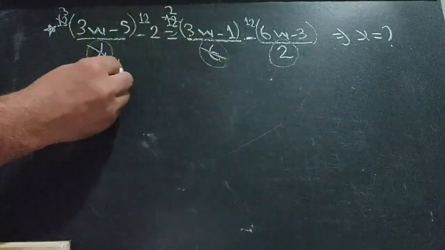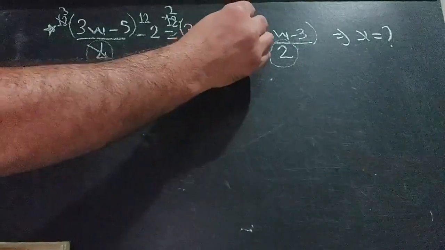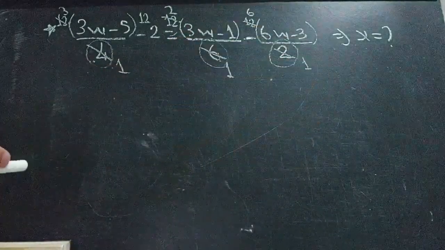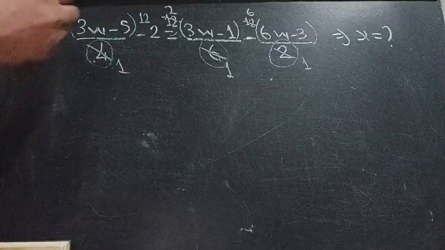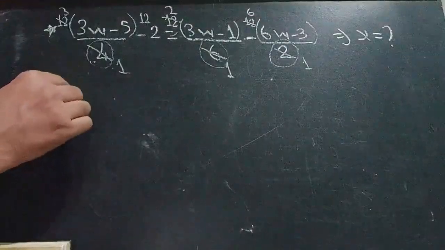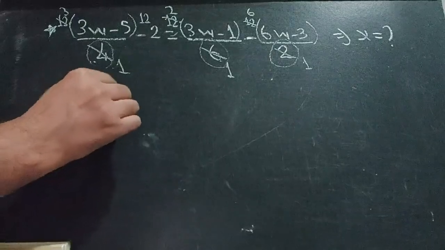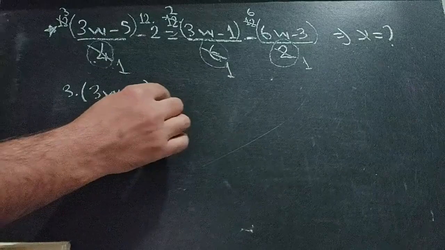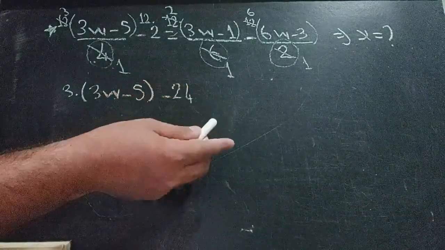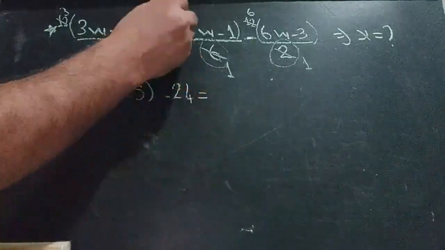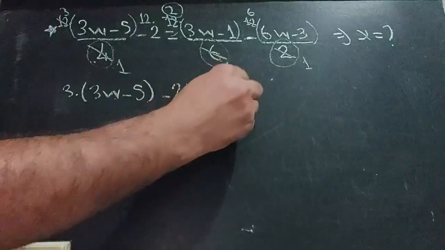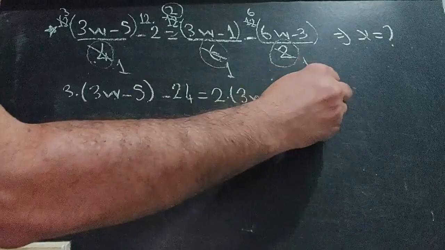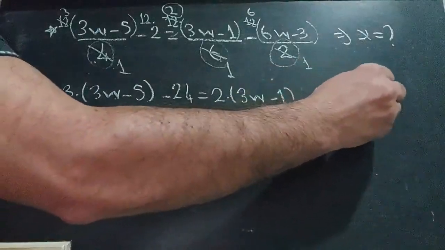By the way, this became 1, 1. That will be 6. So you got there 3 times 3w minus 5. 12 times 2, 24 minus 24 equals to 2 times 3w minus 1 minus 6 times 6w minus 3.